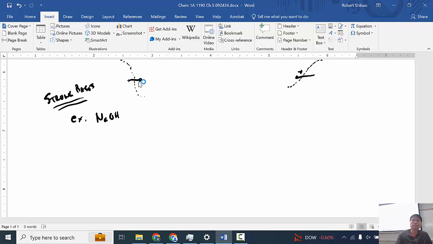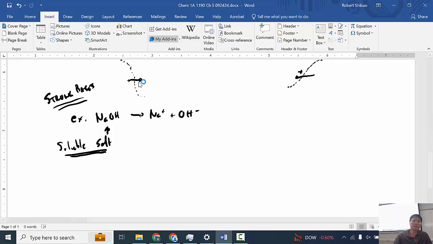Now, strong bases like sodium hydroxide are also salts. And so what we have is a salt like this, and it's going to dissociate into sodium ions and hydroxide ions. Soluble salts are also strong electrolytes.